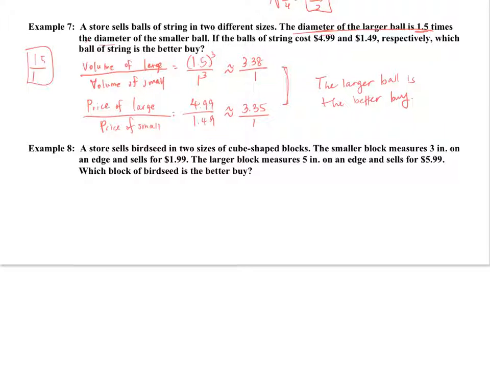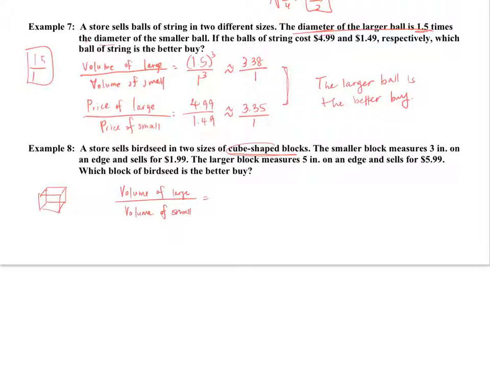So when we're talking about blocks, it's cube-shaped, so just think of a cube. And we have to find the volume of the large to the volume of the smaller one.